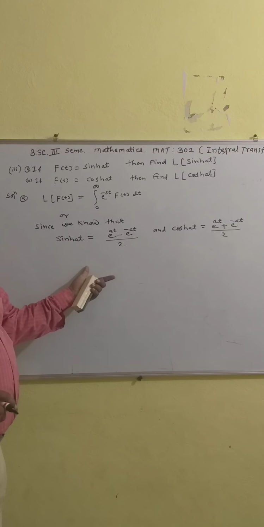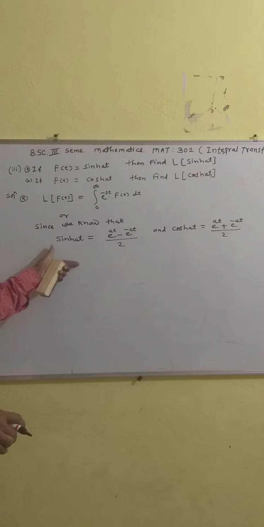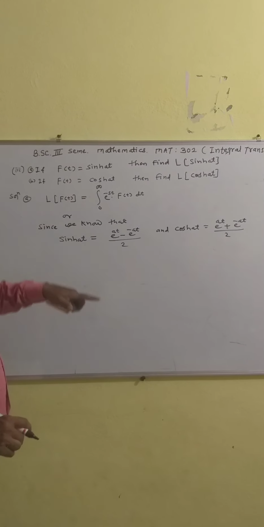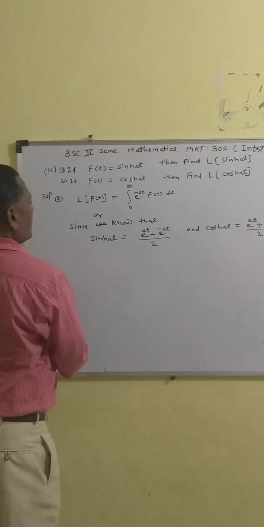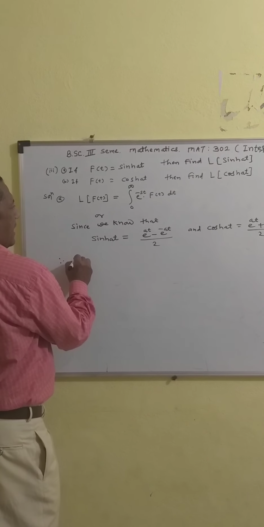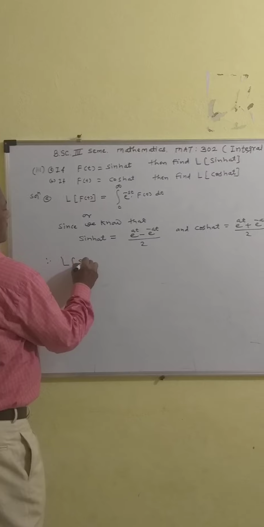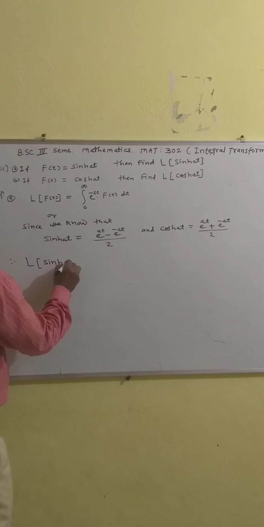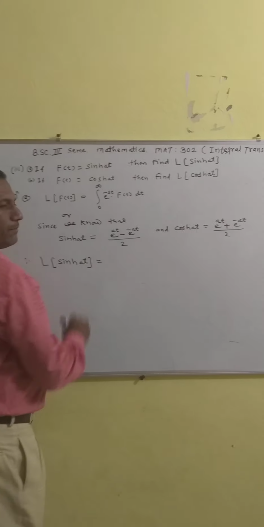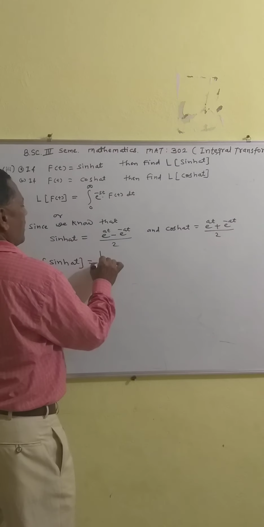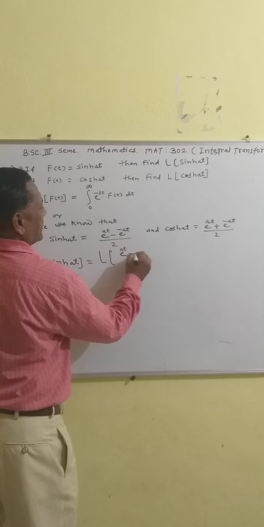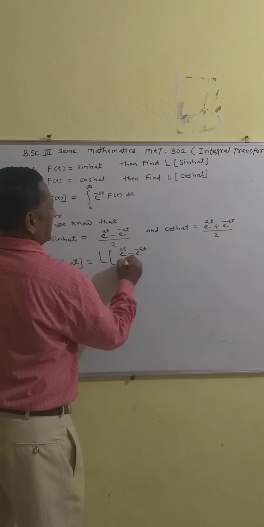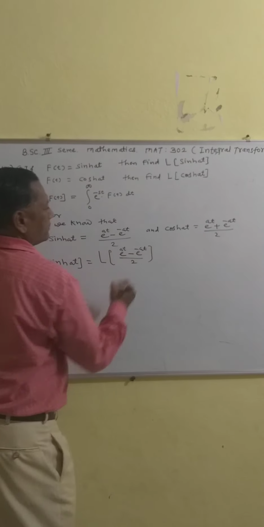The Laplace transform is a linear transformation. Therefore, using this, you also get the Laplace transform of sin hat. Here, the Laplace transform of sin h at is equal to the Laplace transform of the right side, (e raised to at minus e raised to minus at) upon 2.